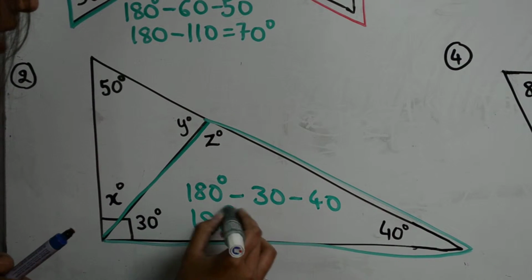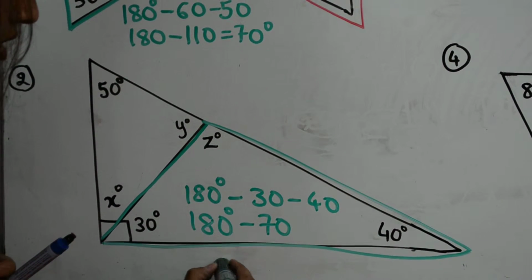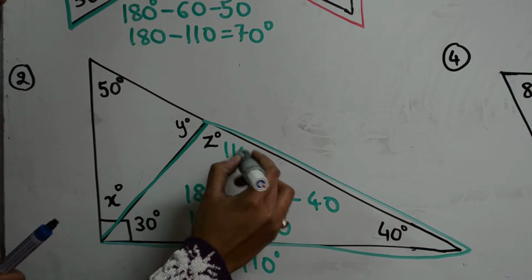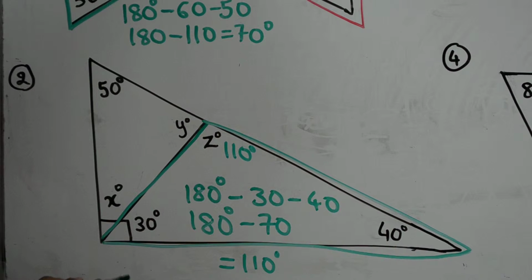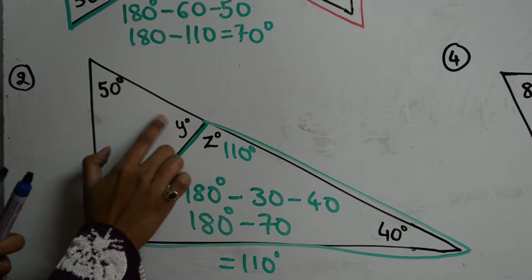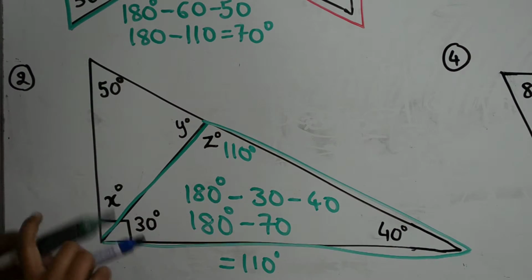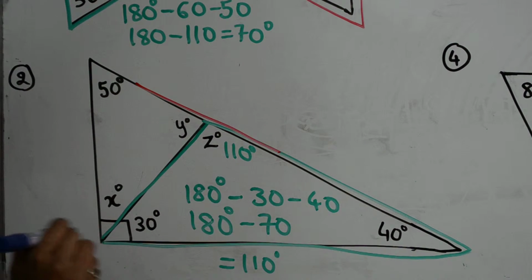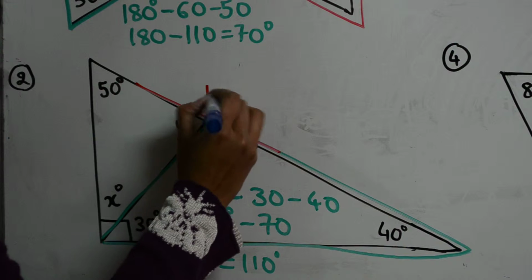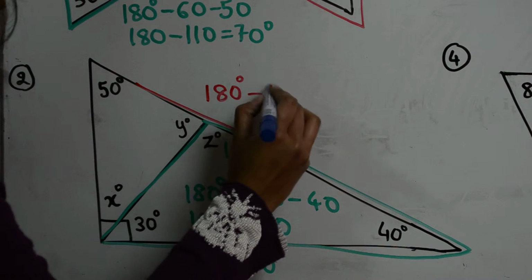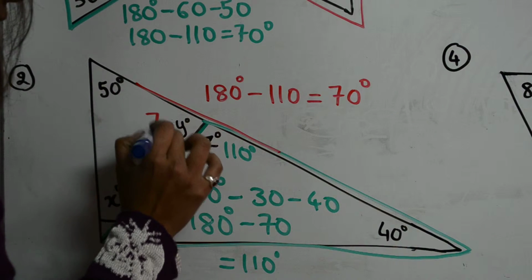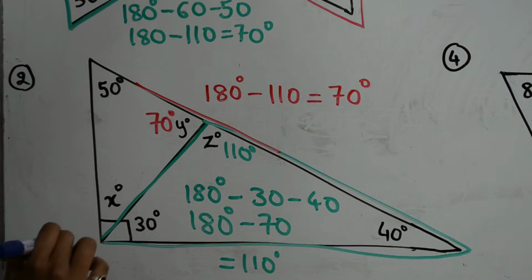That's 180 minus 70 equals 110. So this one is 110. Now, to find this angle, I can use the straight line property we have learned earlier. So that will be 180 minus 110 equals 70. So this angle is 70.